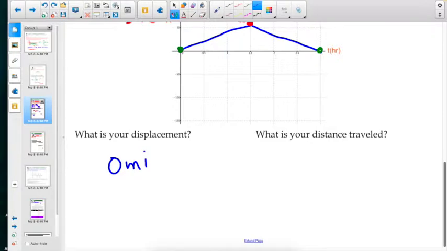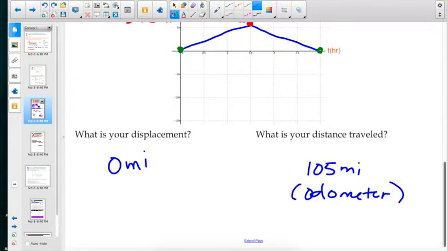No. What's it gonna read? 105. But my displacement is 0. What is my odometer reading? Distance. Distance traveled. So there's my odometer, or my trip odometer, or whatever you want to call it. Odometer. There we go. Okay.